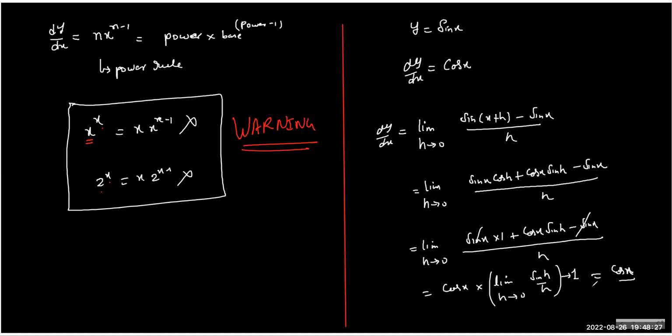So when we find dy by dx when y is sin x, dy by dx is cos x. Again, I will not keep on deriving, but if you are interested, you can go on deriving all the other formulas using this simple trick.